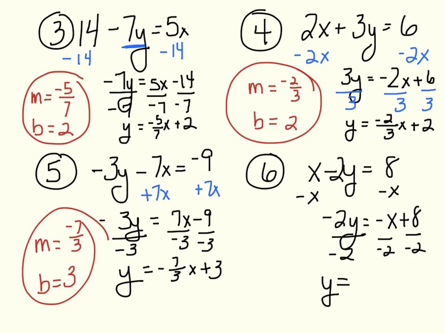This is negative x divided by negative 2. A negative divided by negative is positive, so that would be positive 1/2 x, because there's a 1 here. 8 divided by negative 2, what would that be? Negative 4. So what would your m and your b be? M would be what? 1/2. B would be negative 4.